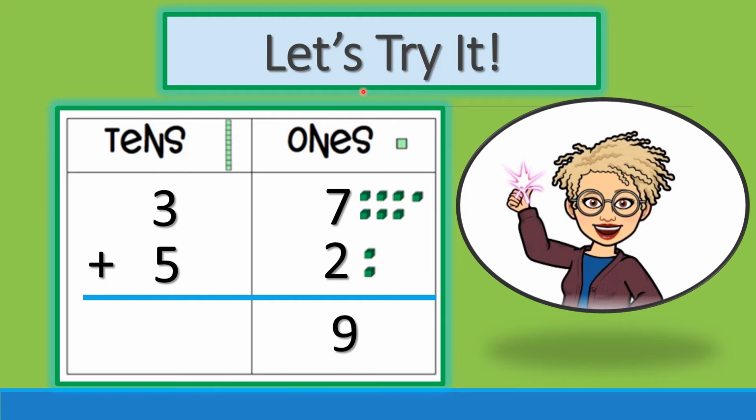We add the ones first and then the tens. When we look at the tens, we see that we're adding 3 plus 5. We also understand that when we add, we have to count the groups together to find the sum.